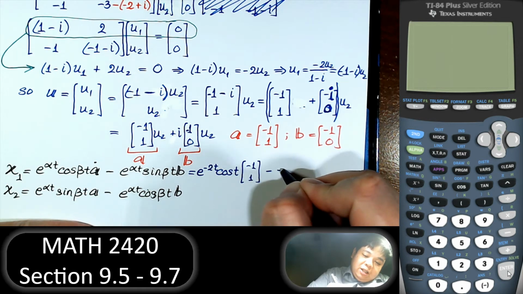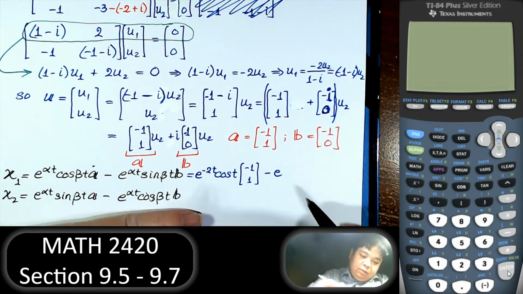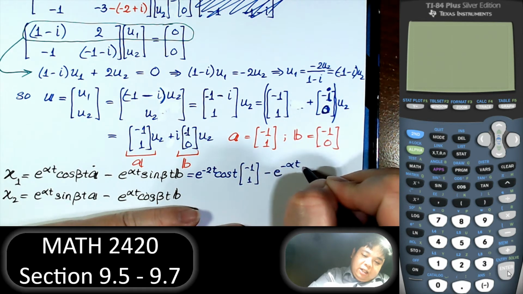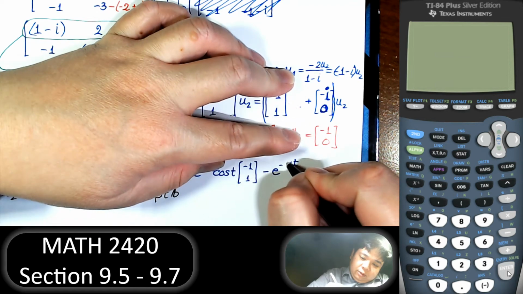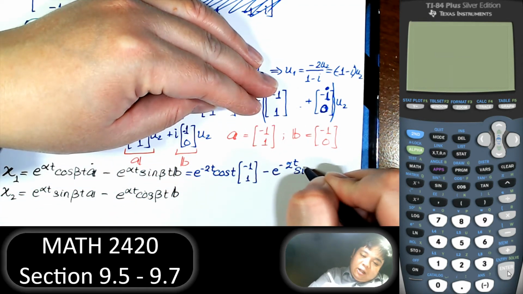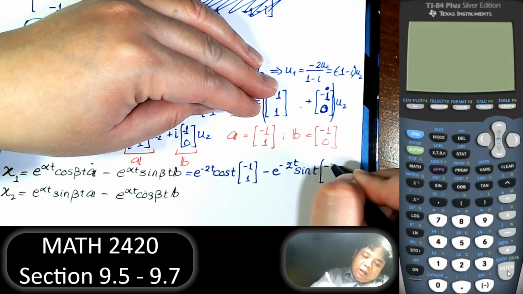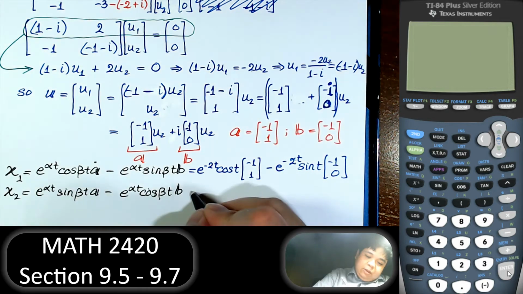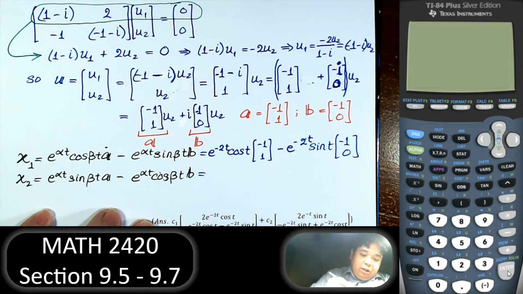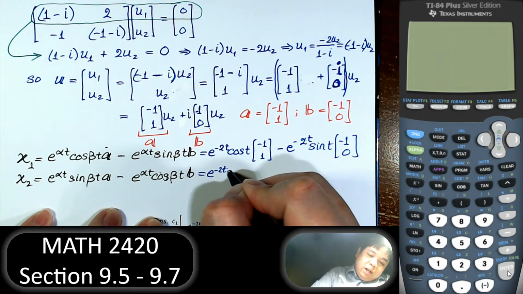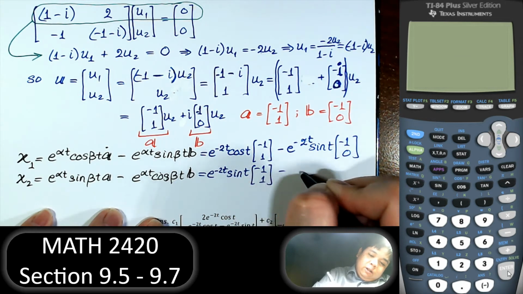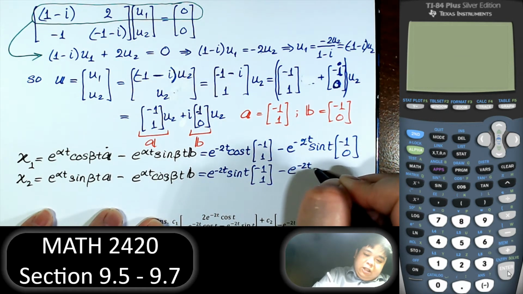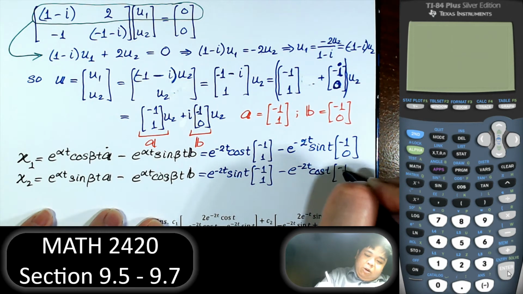And then minus e^(-2t), alpha is negative 2, sine of t times [-1, 0]. And then x2 is e^(-2t) sine of t times [-1, 1] minus e^(-2t) cosine t times [-1, 0].